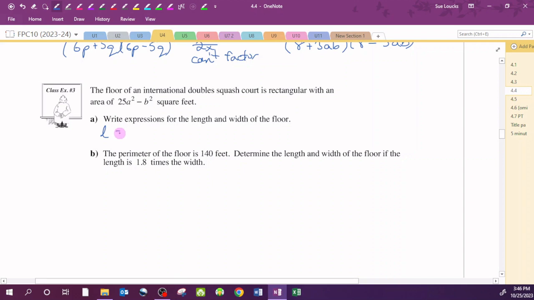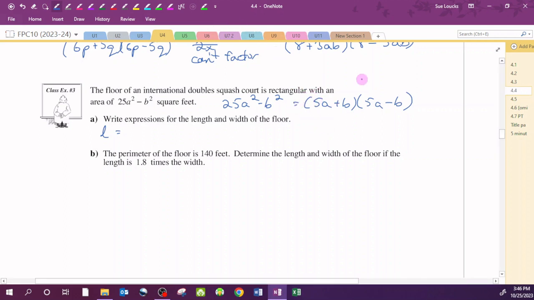So my length is going to be, since 25a squared minus b squared equals 5a plus b times 5a minus b, and we're just going to assume that a and b are both positive, because why not? I'm sure it would work out.